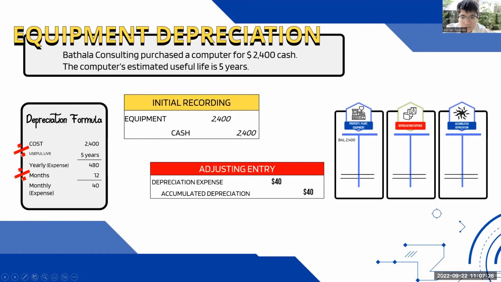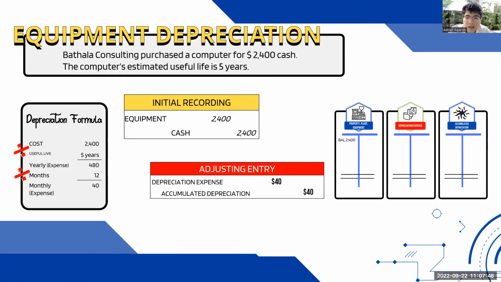Different approach now. And therefore, these are your unadjusted balances for your trial balance. Yung property plant mo initially was at 2,400, si depreciation expense was at 0, and si accumulated depreciation is at 0 also. But again, these are wrong. These are unadjusted.